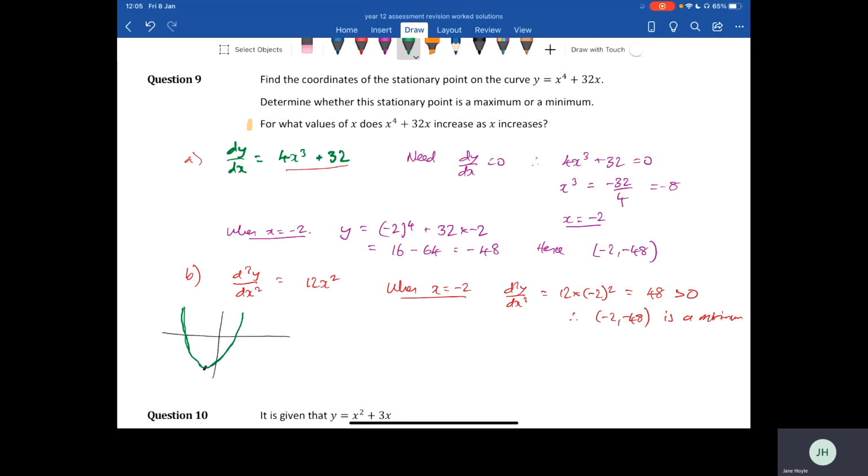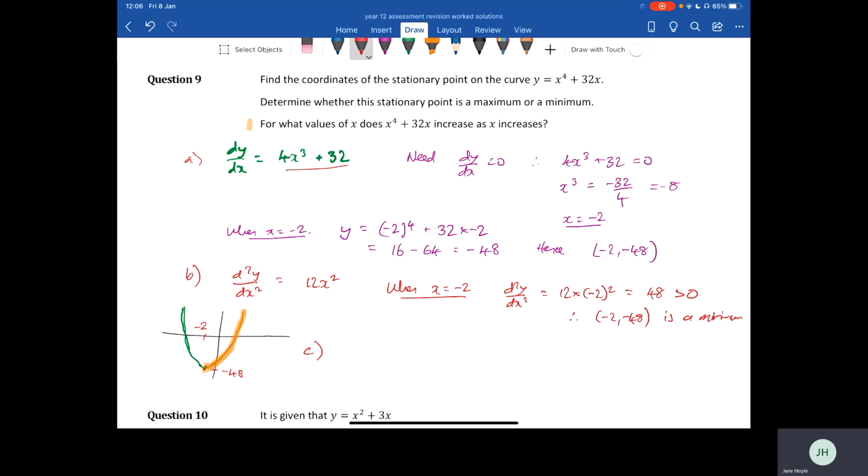A quartic equation is similar to a quadratic. When does it increase? Well, this is the minimum, -48 and -2. I can see that it increases for this section of the graph here because it's just going up. It is increasing, isn't it? So the point at which it's increasing is determined by where that stationary point is.